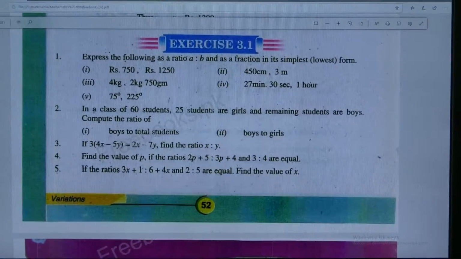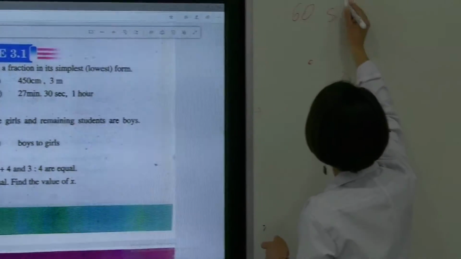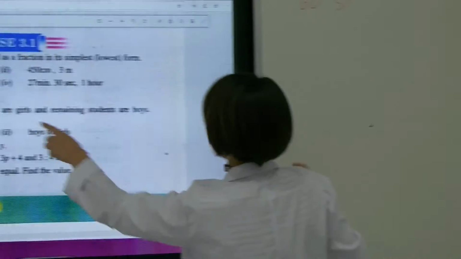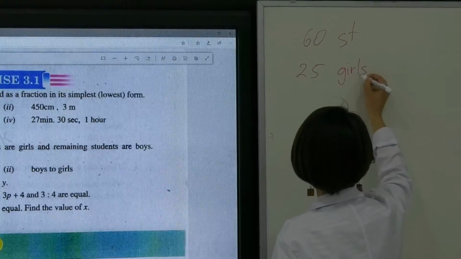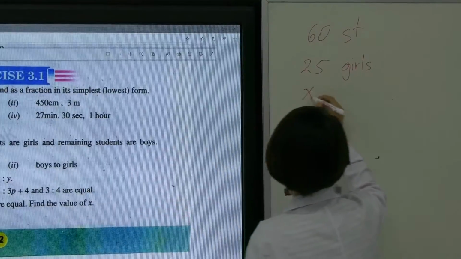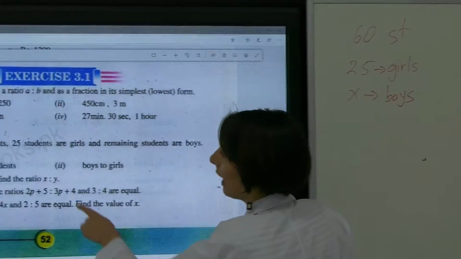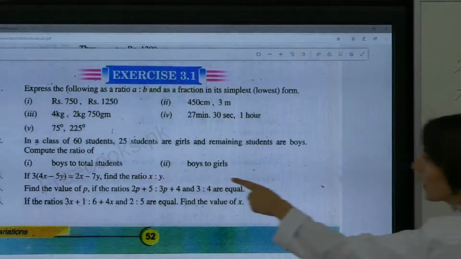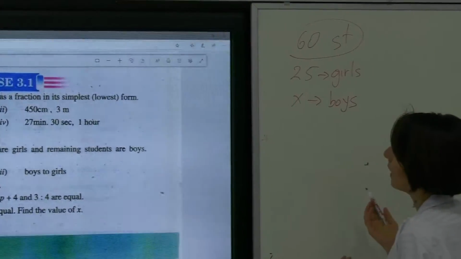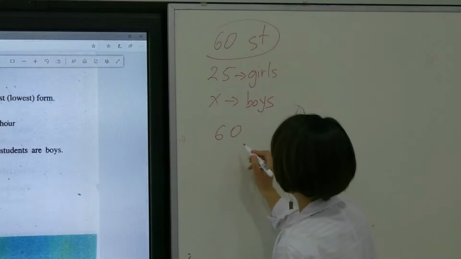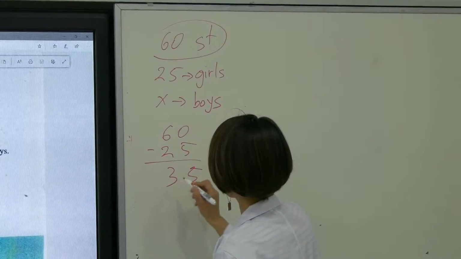So what does this mean? So in a class I have 60 students and 25 of them are girls and X boys. I have to find the ratio of boys to the total. So if the total number is 60, how many boys do I have? So 60 minus 25, 35.